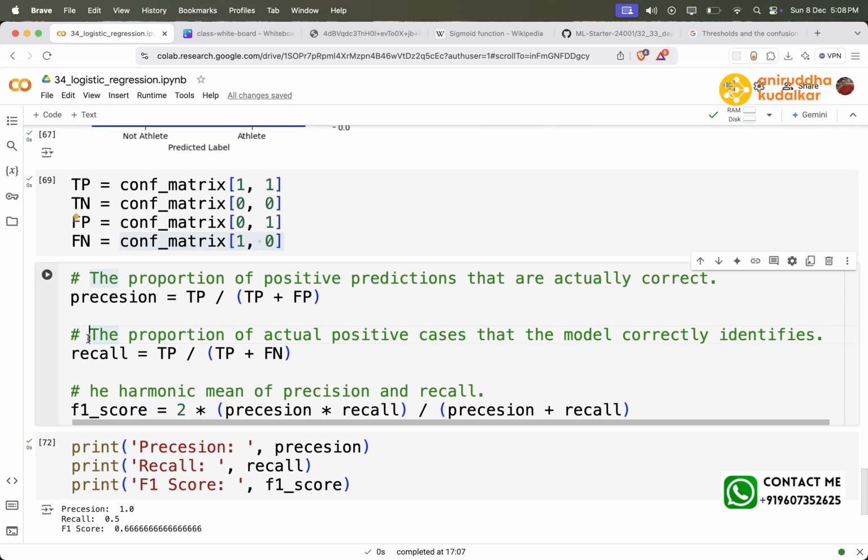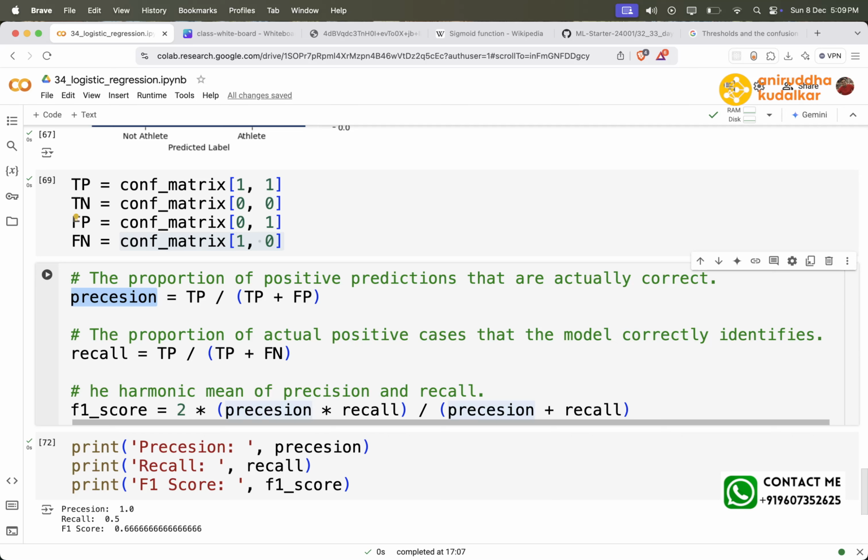A higher recall value indicates that the model is identifying more true positive cases, that the model is inclined toward the true. A higher precision value indicates that the model is making fewer false predictions.